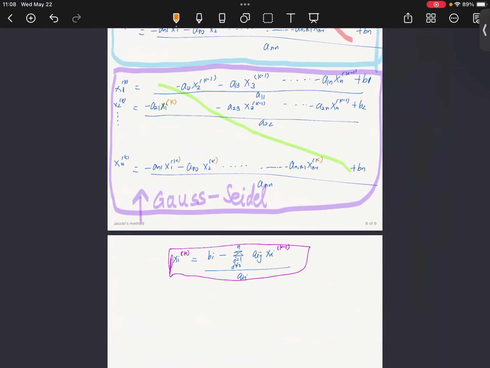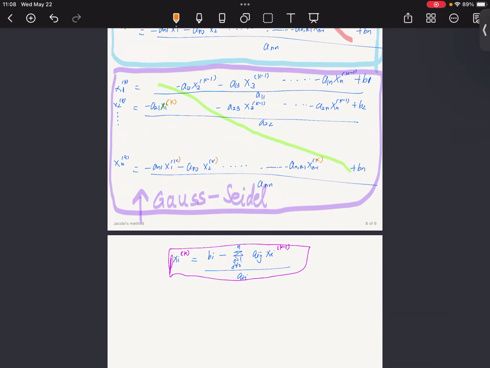If you observe these formulas we have here, before the diagonal, which means before the index i, we have the superscript k.